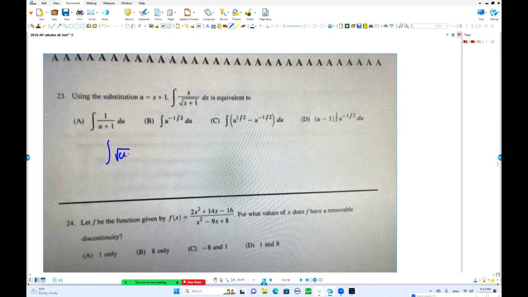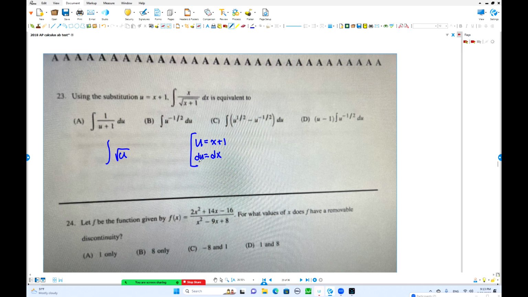We also replace the dx: u equals x plus 1 and du equals dx.